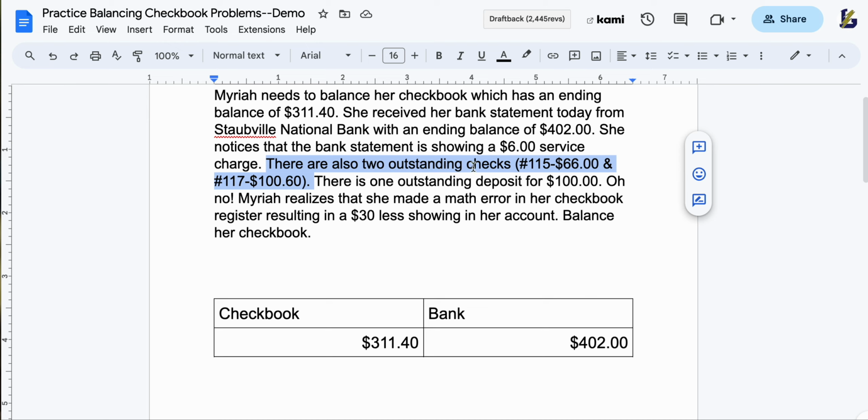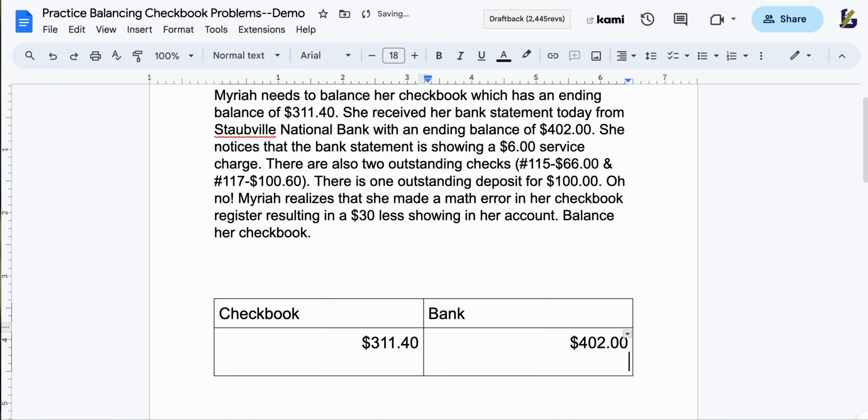That means those are checks that Myra wrote, but the bank does not know about those yet. They're out there somewhere. I know it's going to be $66 for check 115 and $160 for check 117.